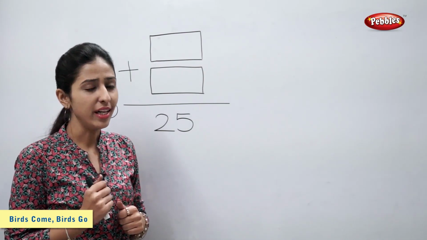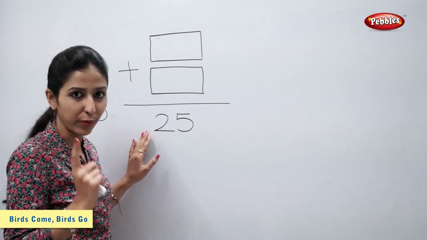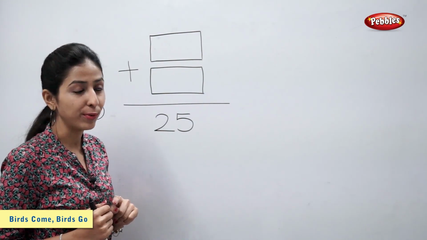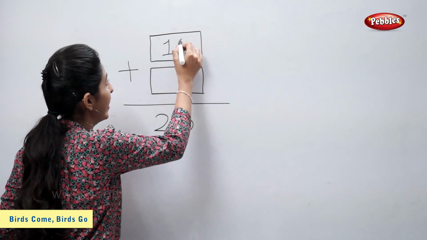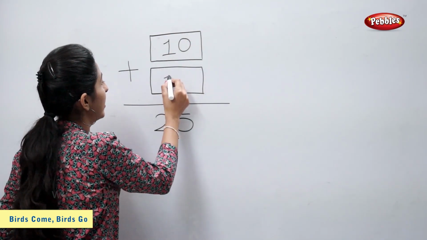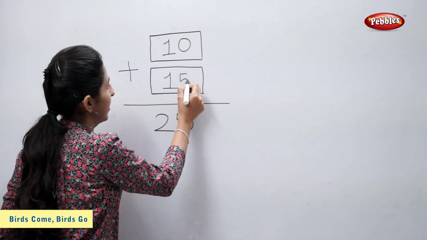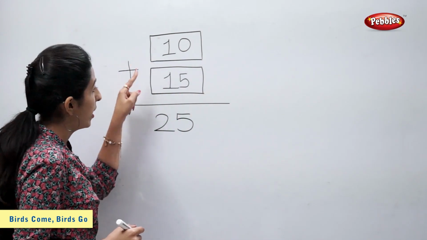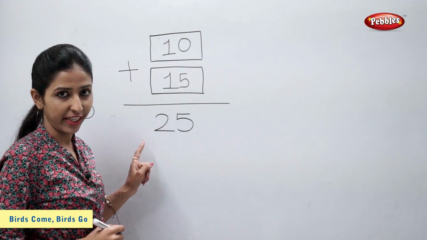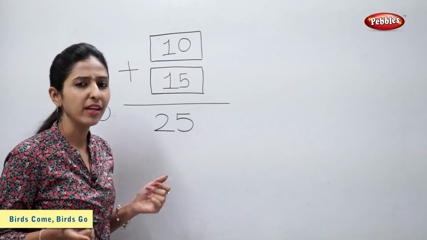For example, to get answer 25, I can use 10 plus 15. Now 10 plus 15 is equal to 25.